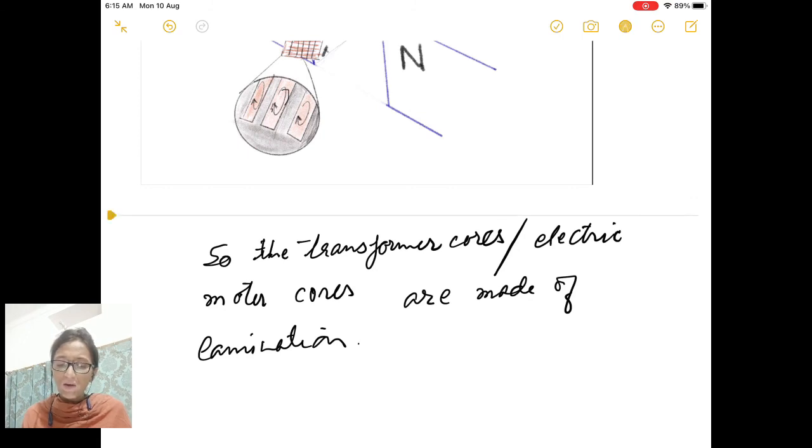The cores are made of laminations and are kept parallel to the magnetic field.